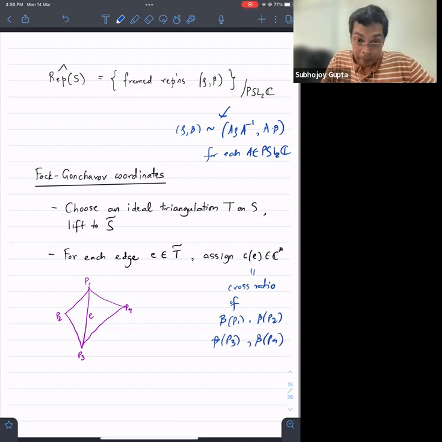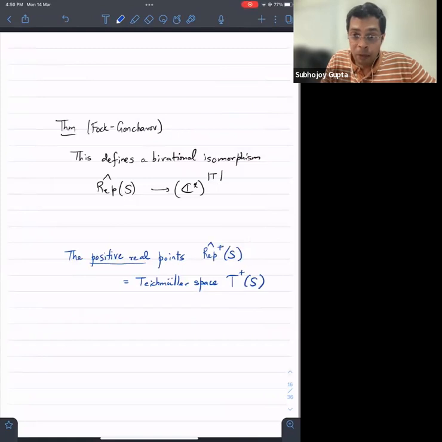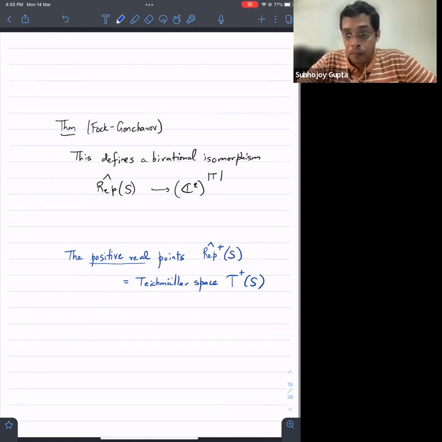So this is an idea of what the Fock-Goncharov coordinate is, and they prove that this defines a birational isomorphism to this complex torus. I mean, these are coordinates defined on this space of framed representations.